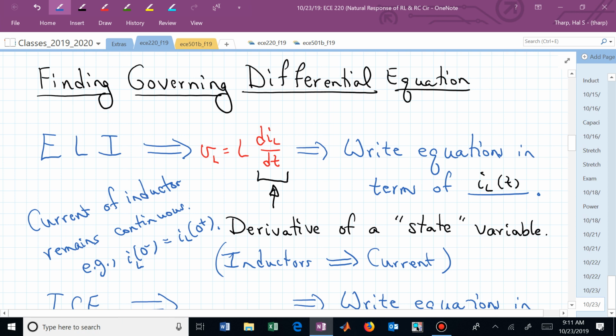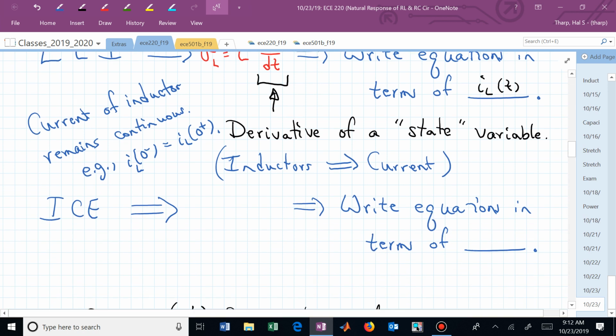So we have a switch going on, but that inductor current is going to stay the same on either side of that switch's action. It's continuous.